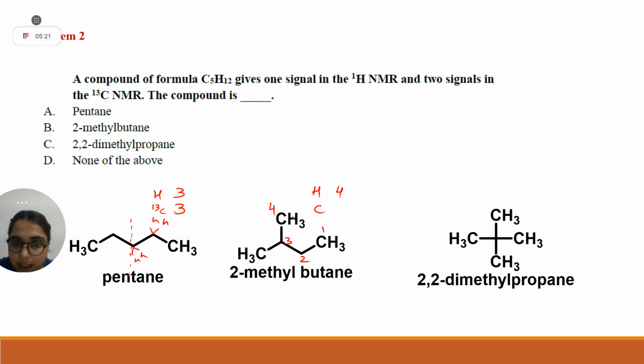Four protons, and carbon wise one, two, three, four. Four carbons. Yes or no? Yes, ma'am. And in 2,2-dimethyl propane, this is your terminal one, and two types of carbon are there. One is this and one is this. So the correct answer is option number C.